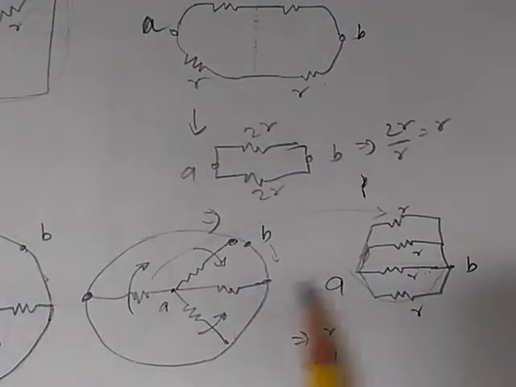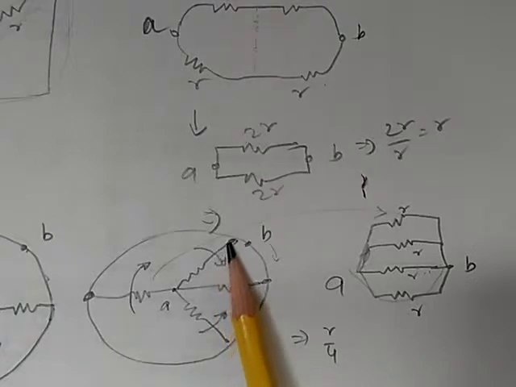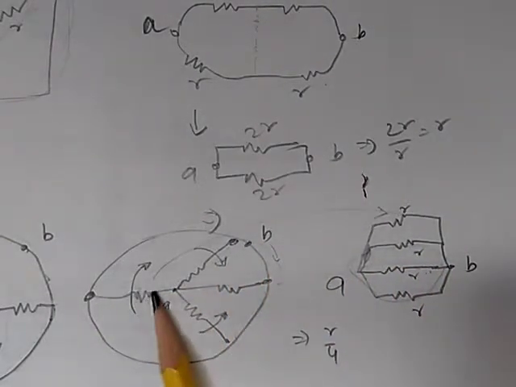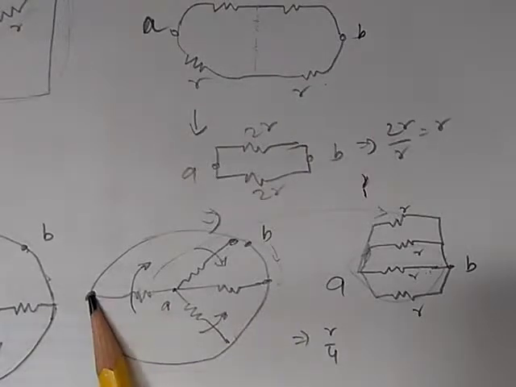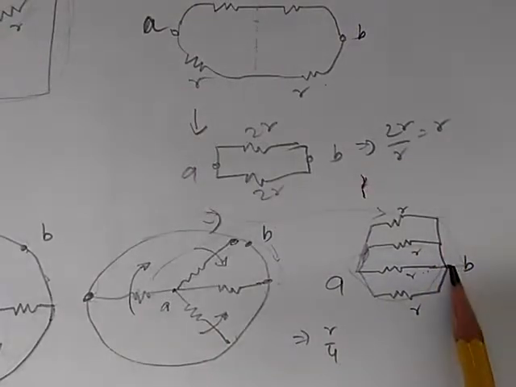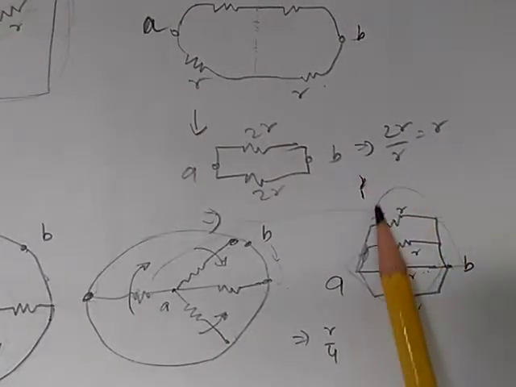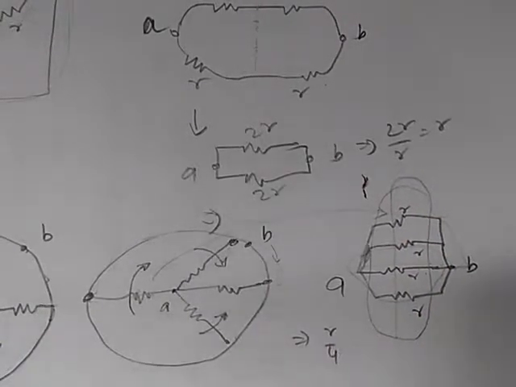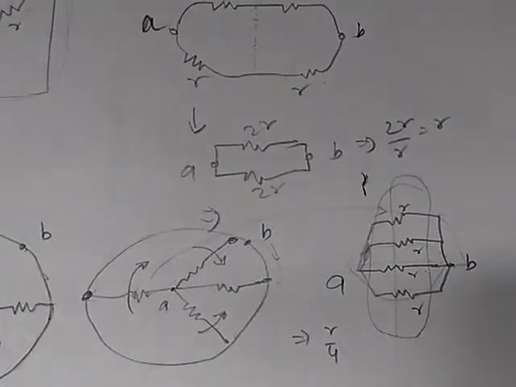For this resistor, when it moves all the way to here, it looks like this. And finally, for this last resistor, we hold this edge and move it like this, and the end of it connects to point B. So all we are seeing is 4 resistors in parallel, and the equivalent resistance will be R by 4.